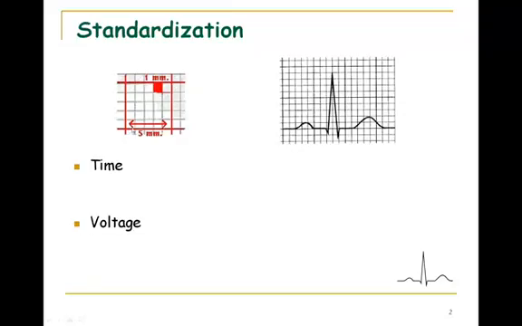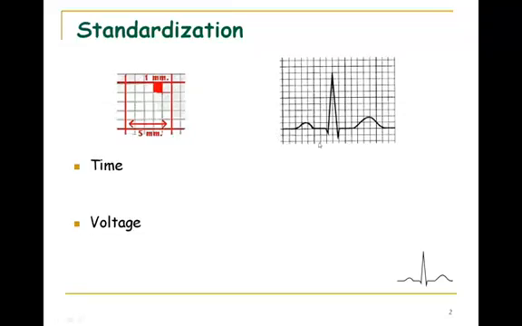Each larger square includes 5 boxes horizontally and 5 boxes vertically. The big box corresponds to 5 millimeters, so a big box from here to here represents 0.2 seconds elapsed. The biggest thing to remember is that 1 millimeter, or one little box, represents 0.04 seconds.